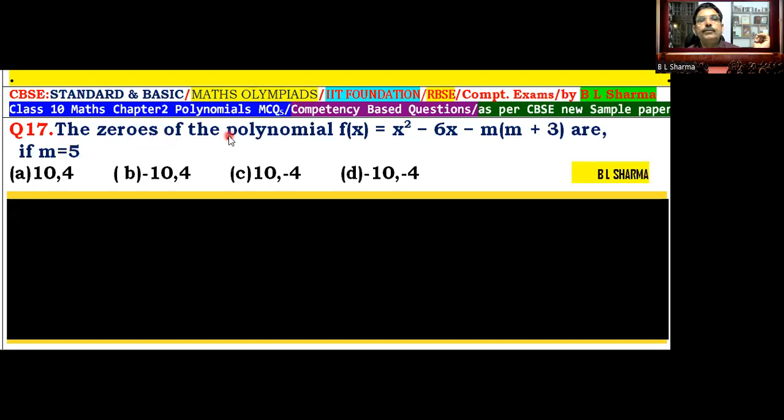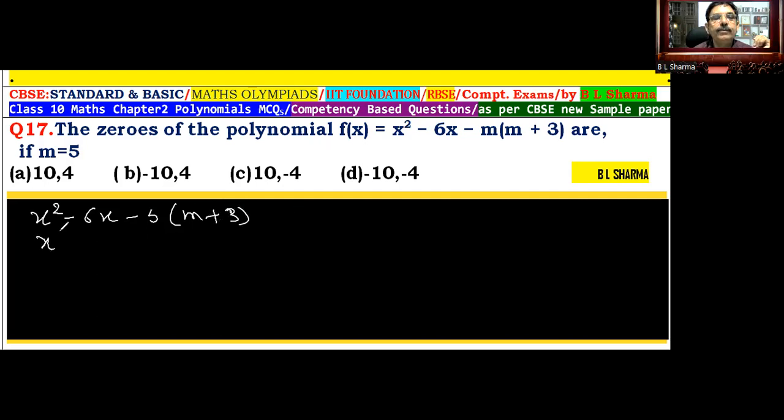The zeros of the polynomial x square minus 6x minus m multiplied by m plus 3 are, if m is equal to 5. What will be its zeros if the value of m is 5? So see, in place of m we can put 5, so we can write this equation further. x square minus 6x minus 5 into m plus 3.